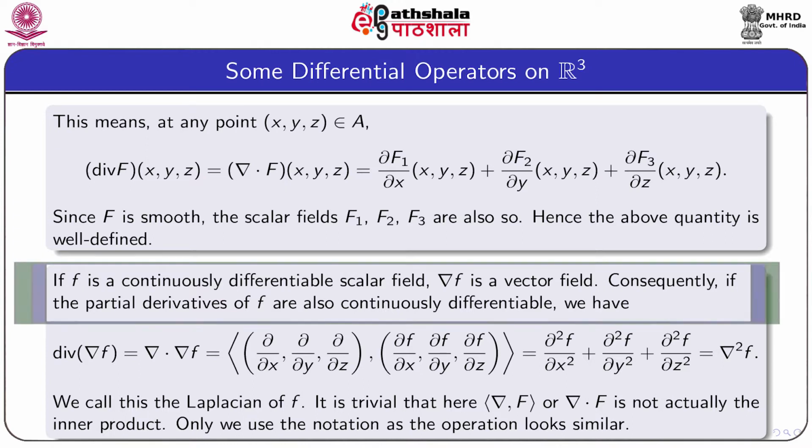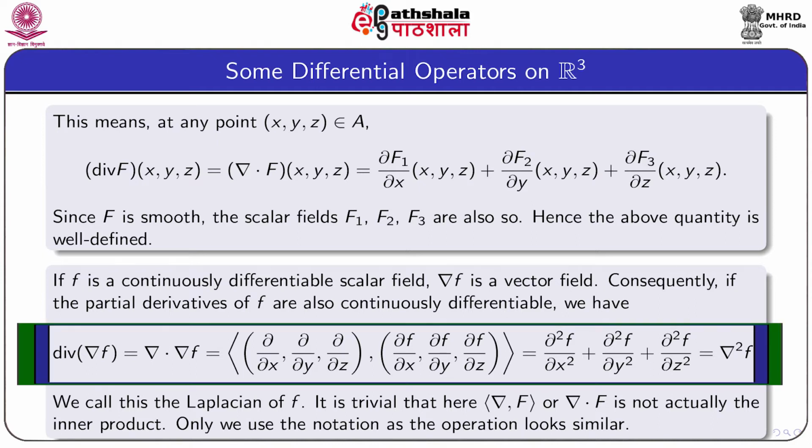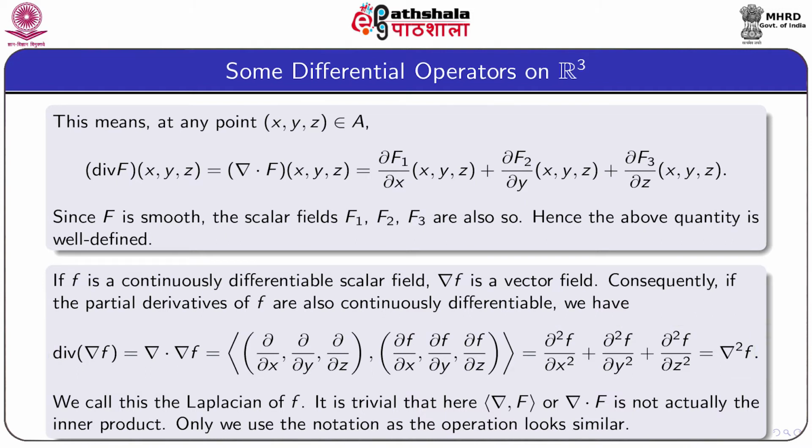Now, if small f is a continuously differentiable scalar field, then nabla f is a vector field. Consequently, if the partial derivatives of small f are also continuously differentiable, we have divergence of grad f equal to nabla dot nabla f, that looks like the inner product of (∂/∂x, ∂/∂y, ∂/∂z) with (∂f/∂x, ∂f/∂y, ∂f/∂z).